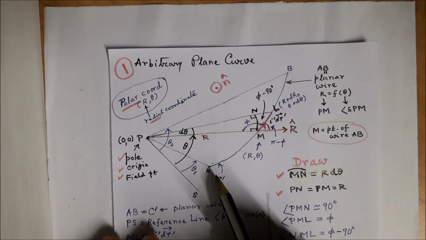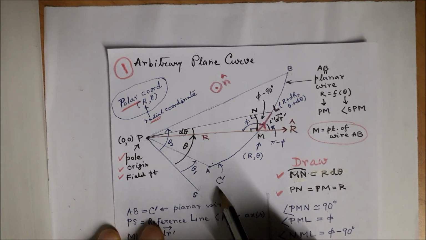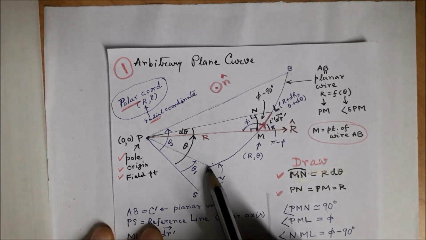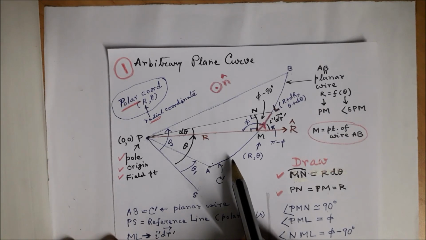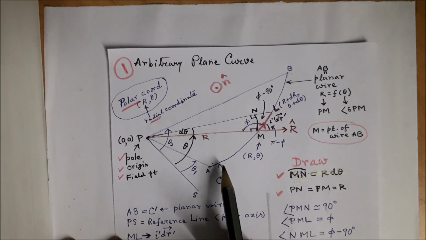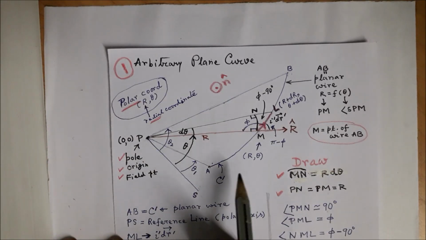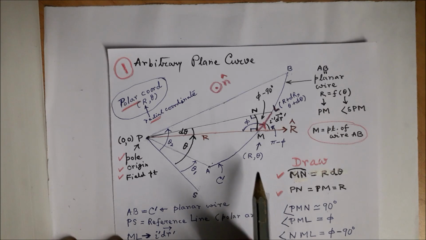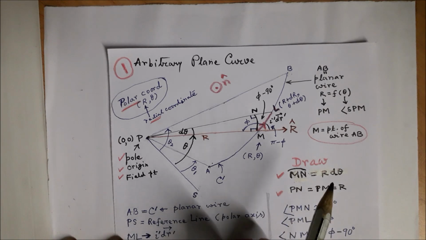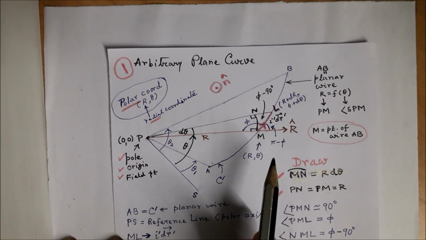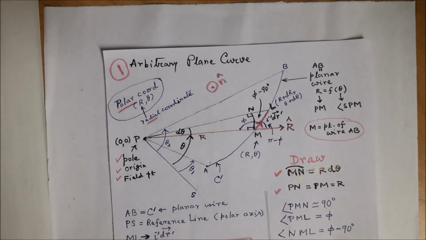Let us first take up the case of arbitrary plane curve C prime, which is here, A and B being the extremities of this plane curve. It is a plane curve means it lies in a plane. A plane can be described, or a phenomena in a plane can be described either by using xy coordinate system, that is the Cartesian coordinate system, or by using plane polar coordinate system.